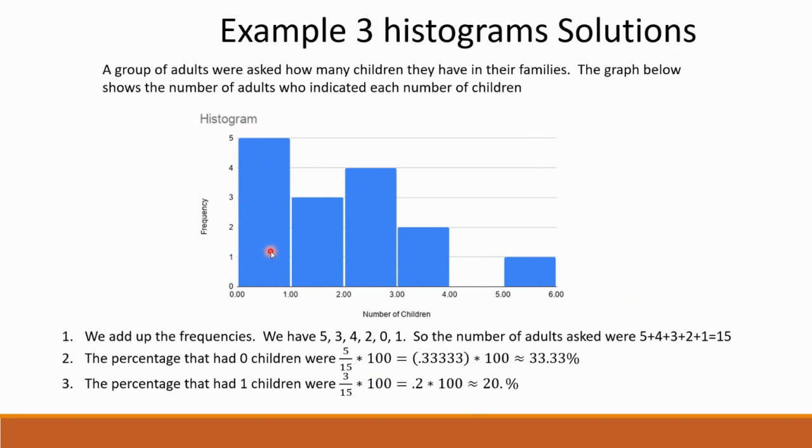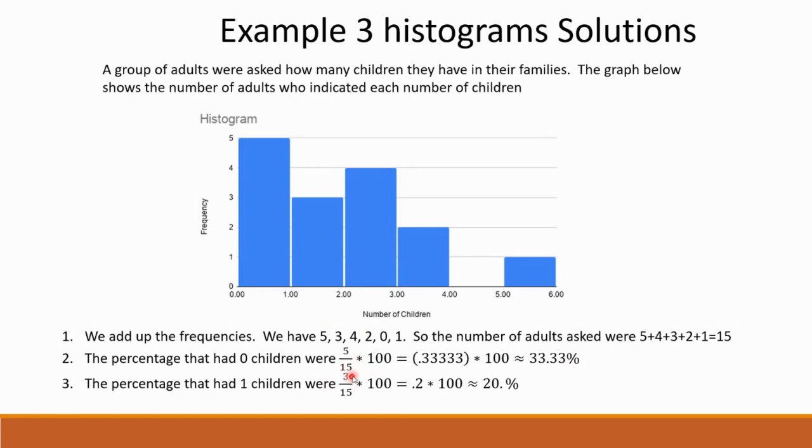So really what the question is asking is, what percentage is 5 of 15? Well, it's a percentage problem, right? Part over whole, 5 over 15 times 100. And we get 33.33%. That's what happens here.